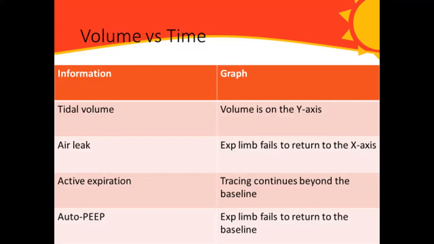When the expiratory limb fails to return to the x-axis or to the baseline, it's evidence of air leak if you're using the volume-time waveform. If there's active expiration beyond what is expected, you see that the graph continues beyond the baseline. If the expiratory limb also fails to return to the baseline, there's auto-PEEP because there's air left at the end of expiration instead of the alveoli emptying.